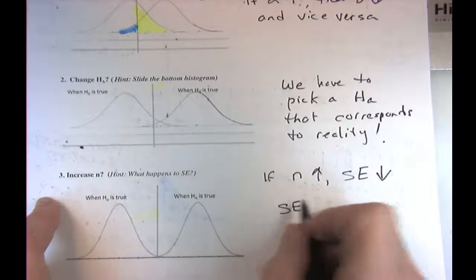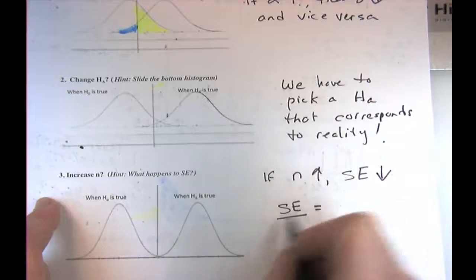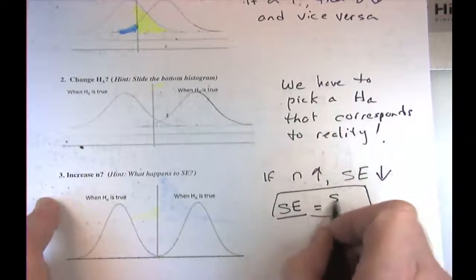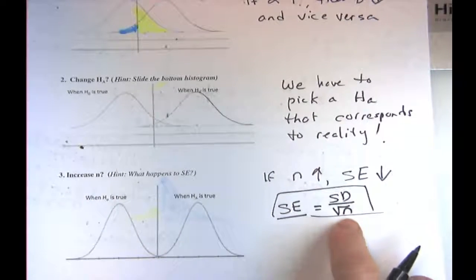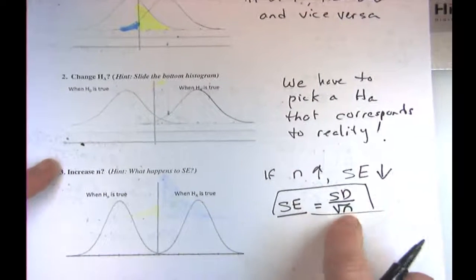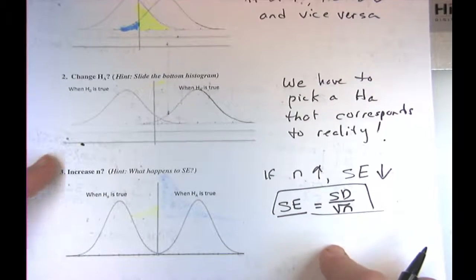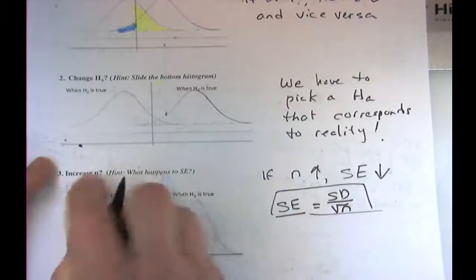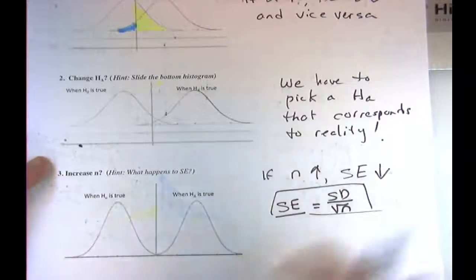The standard error formula is equal to SD over root n. If you want to change it to a percent, you multiply it by 100, but the bigger the sample size, the smaller the standard error. So this is what we're going to do.